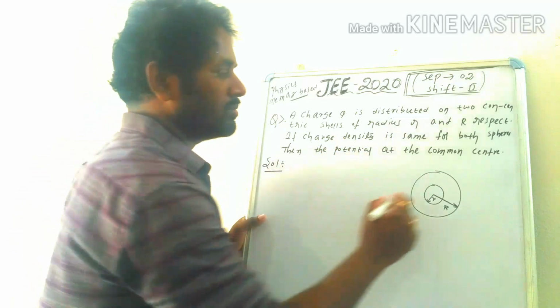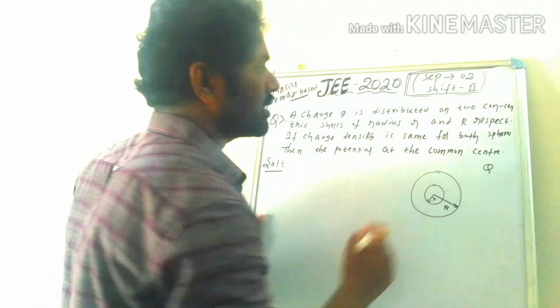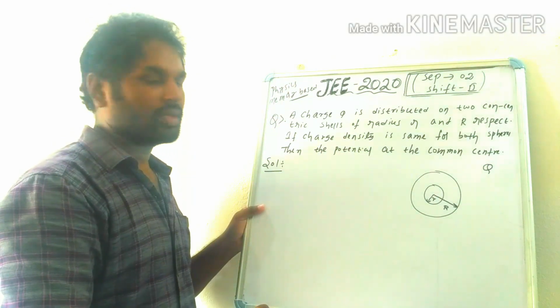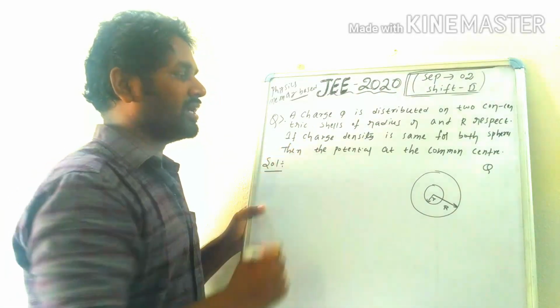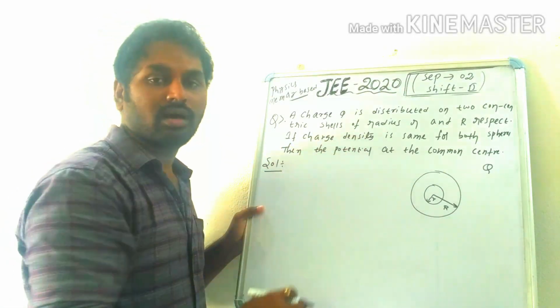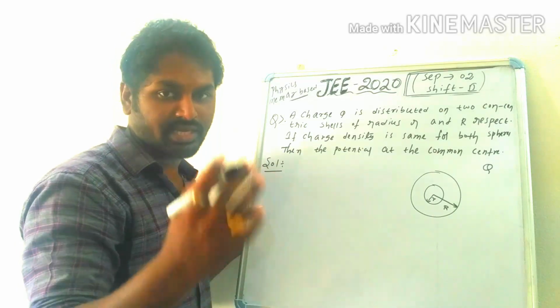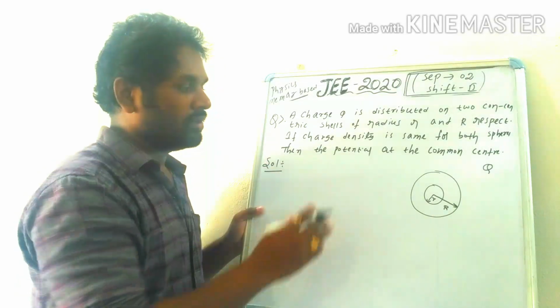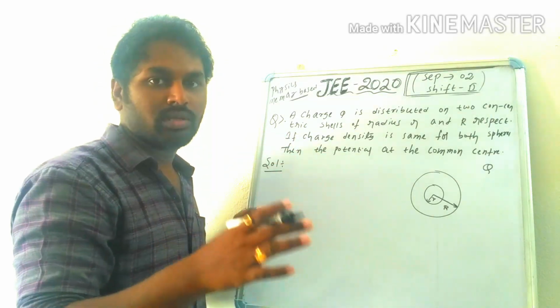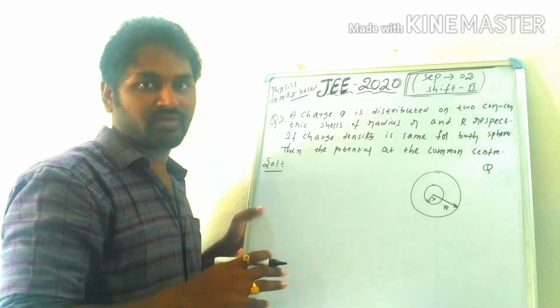For this system, we are giving a charge capital Q. One more point is mentioned: both the spheres have the same surface charge density, which means both the spheres don't have the same charge on their surfaces.